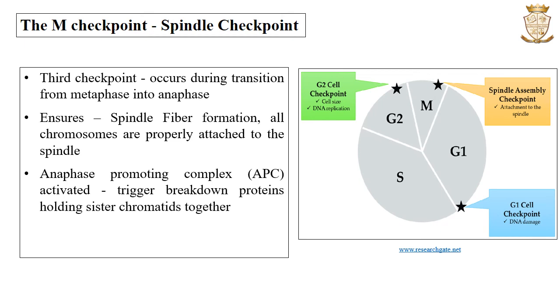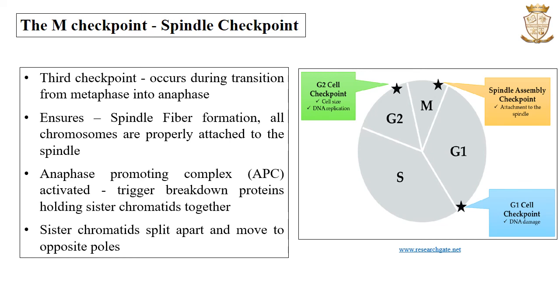After attachment of kinetochores of the chromosome to the spindle fibers, the anaphase promoting complex, APC, will be activated. It will trigger the breakdown of cyclin and inactivation of proteins which are otherwise holding the sister chromatids together. And this will result in the splitting apart of the sister chromatids, and the sister chromatids will move to opposite poles in the cell.